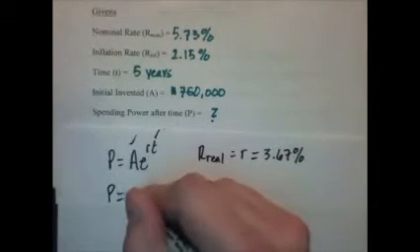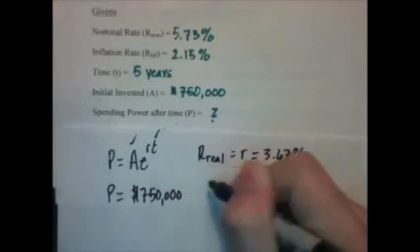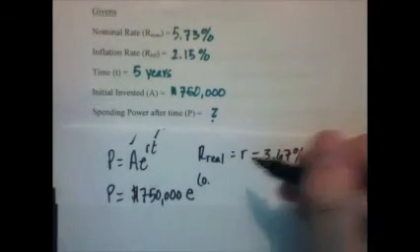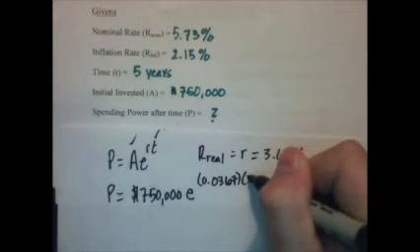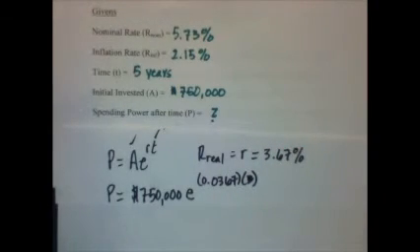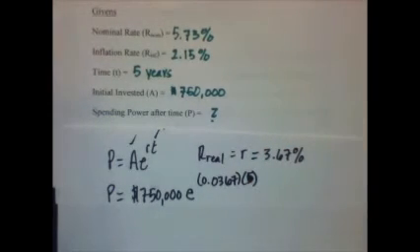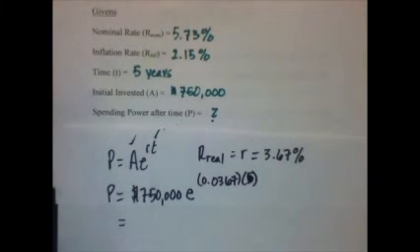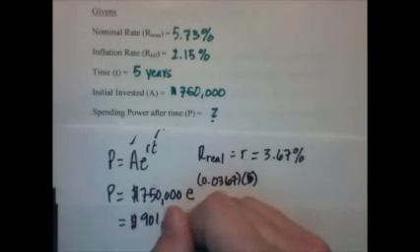So we have P equals 750,000 times e to the 0.0367 times 5. Sorry, got ahead of myself. And then just plug and chug from there, and your spending power after the 5 years is $901,061.